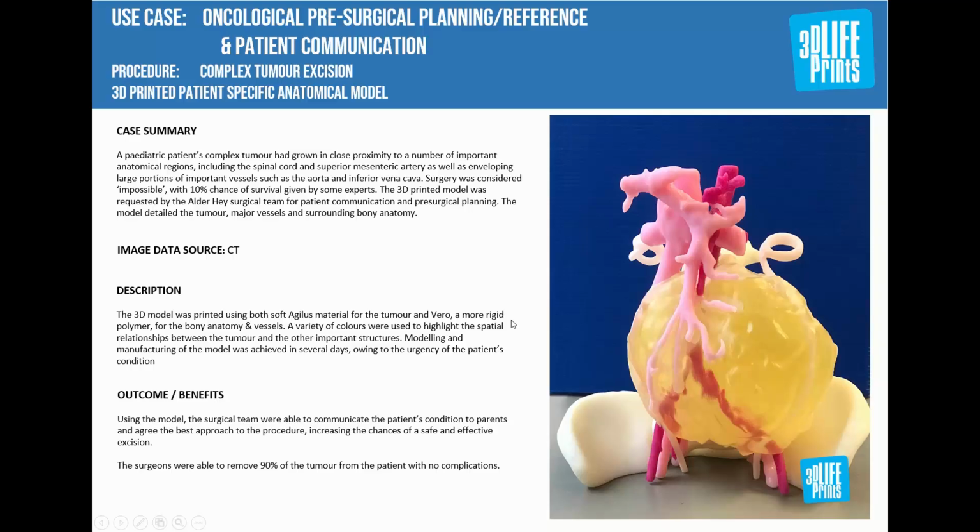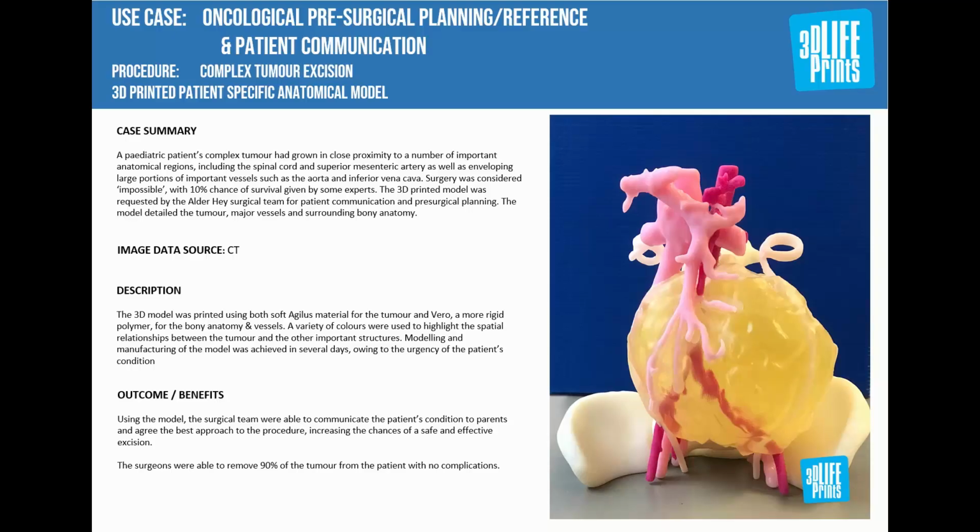The surgery was initially largely considered impossible, with a 10% chance of survival given by some. In fact, I happen to know that the parents of this patient had been around to several centres around the UK who actually refused to attempt this surgery just because of its complexity and its danger.